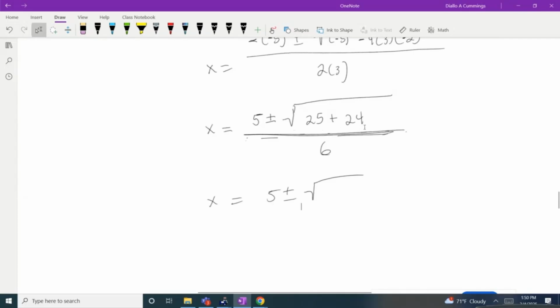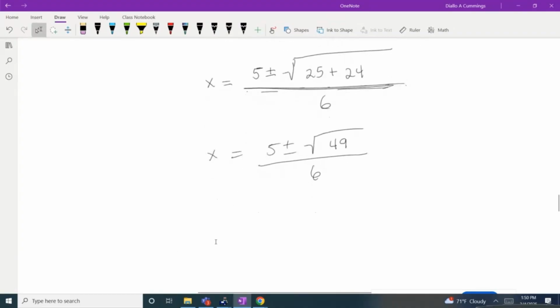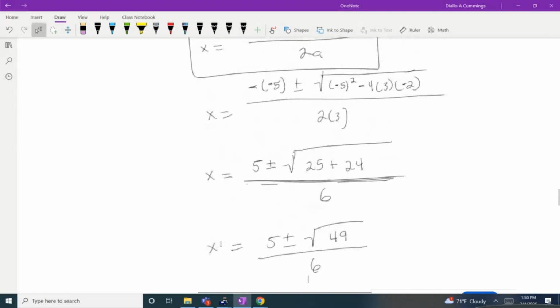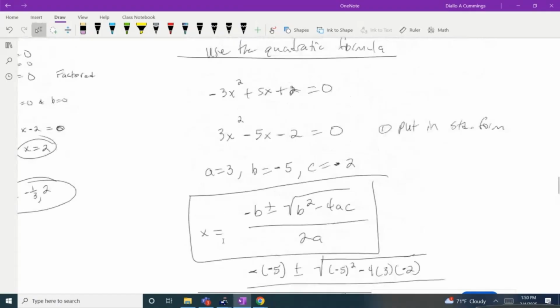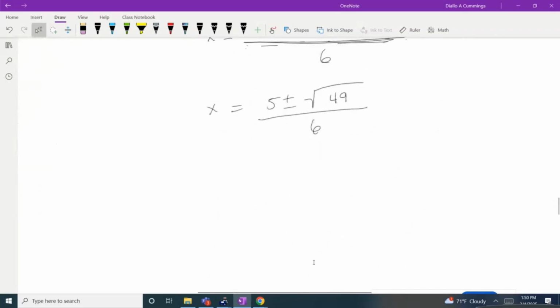So 25 plus 24 is 49, divided by 6. So I have 5.